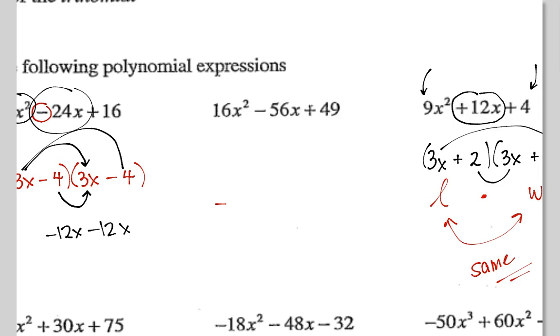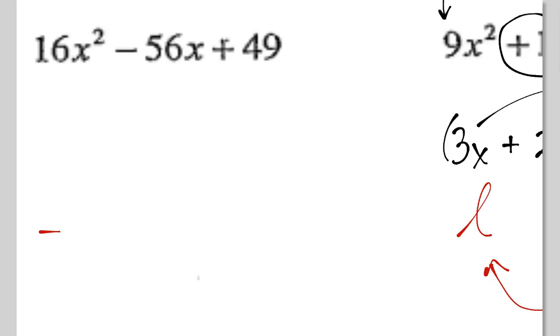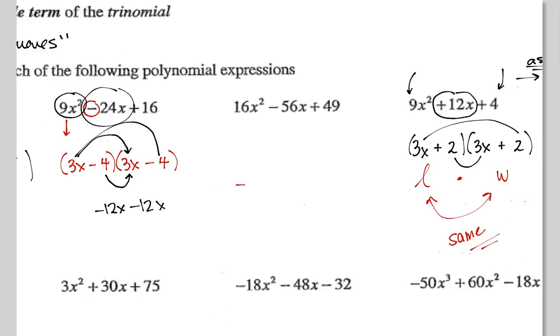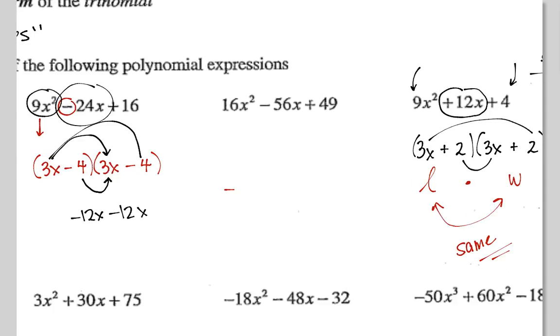So let's see if you guys can rattle off this one right now. See if you can do this one right next to it. And I'll get you started. Bracket, bracket. See if you can fill in those brackets.